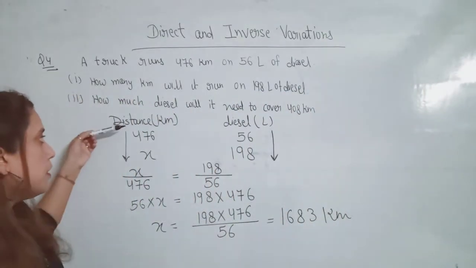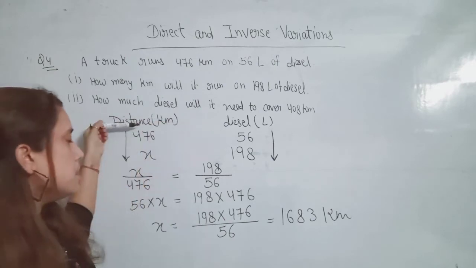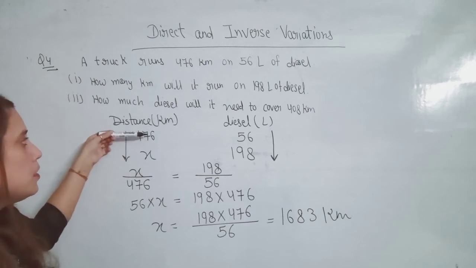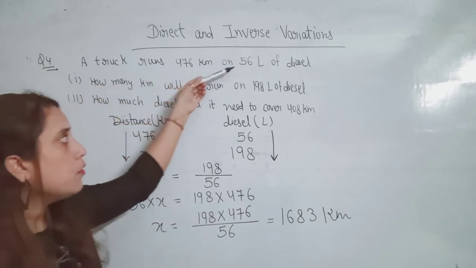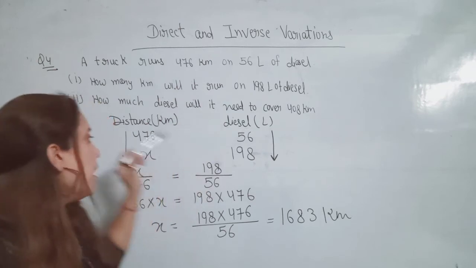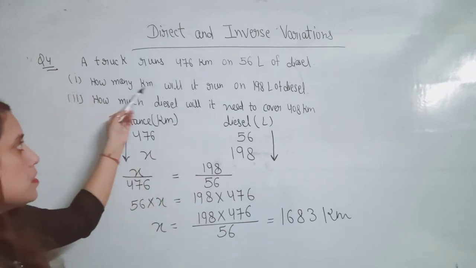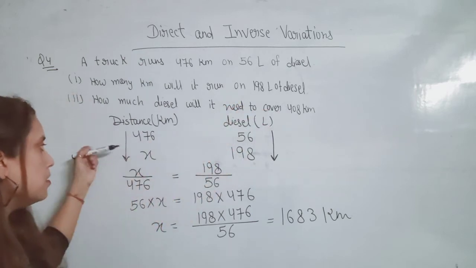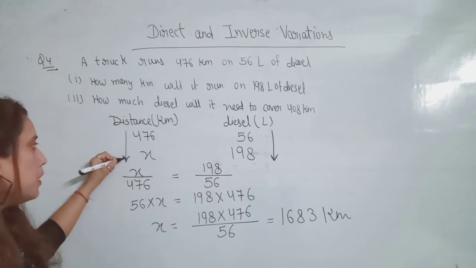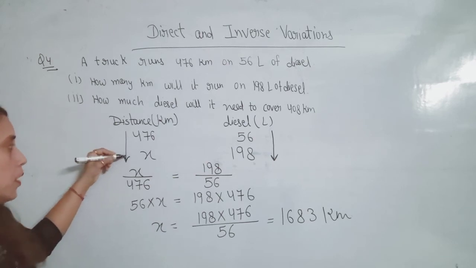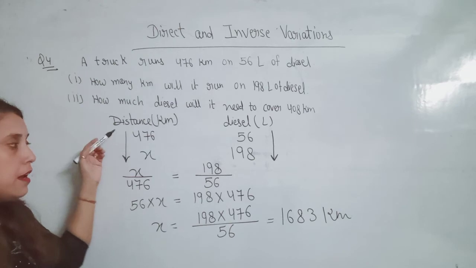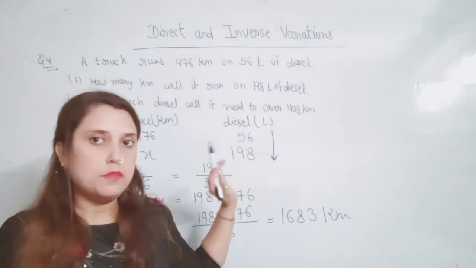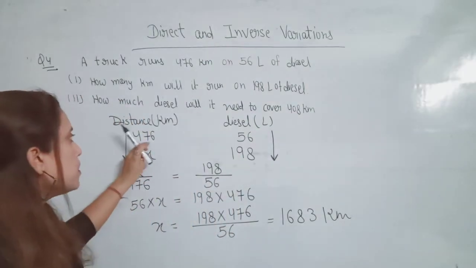Okay beta, first we write down both quantities, distance and diesel. What is given: in 476 kilometers distance it will cover on 56 liters of diesel, and then we let x be how much distance it covers on 198 liters of diesel. First by default we make the arrow in the direction of x, and after that we will check whether this is direct variation or inverse variation.